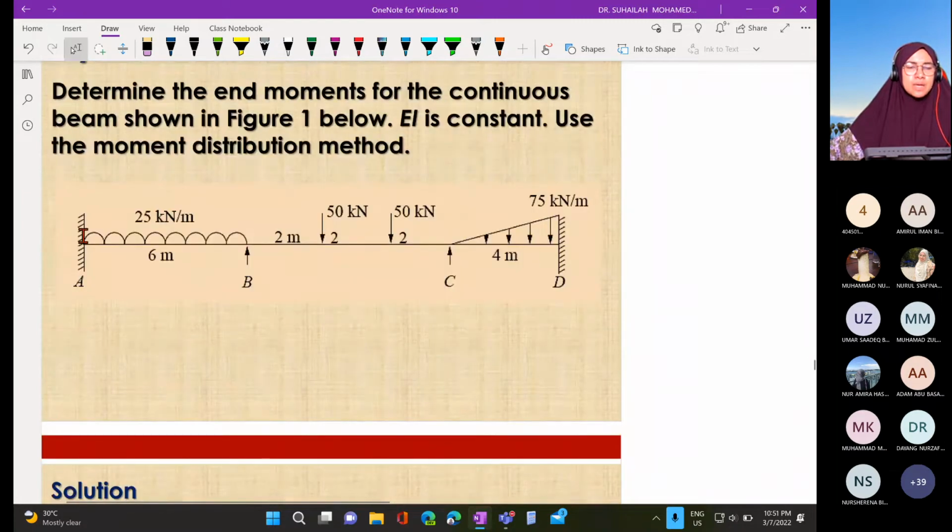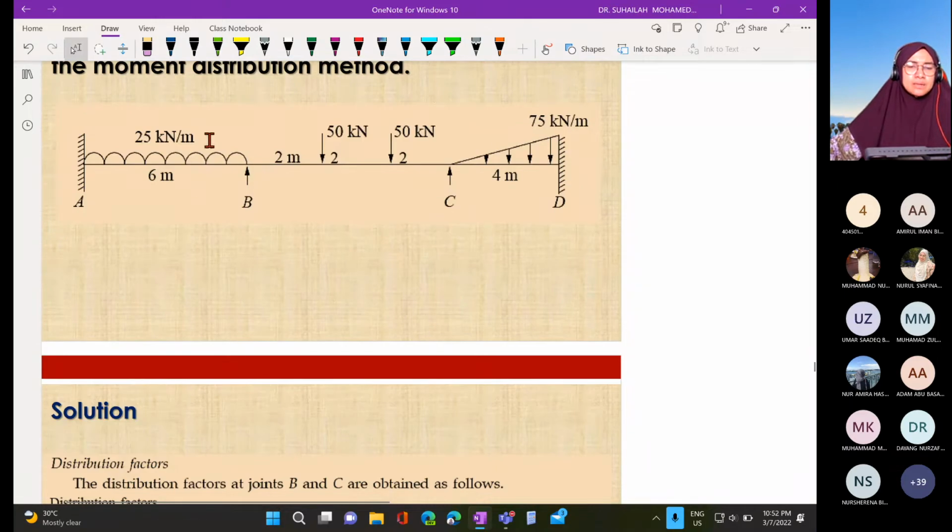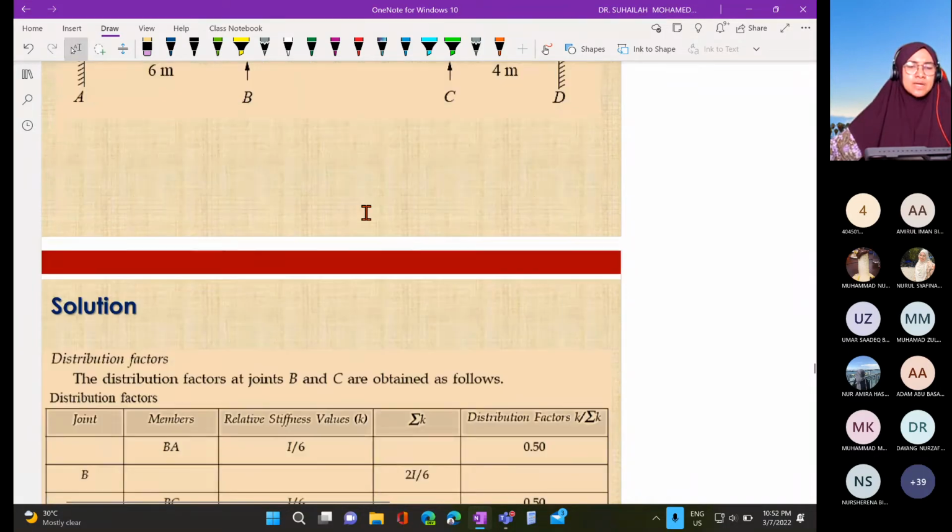So this is the same. MDM is quite easy because you just need to follow the procedure as I mentioned earlier. So remember just two things: the distribution factor and the fixed end moment. For the fixed end moment, if there is settlement, consider the settlement. So just add both values. This case has many loadings, so just look at the formula and you can calculate.